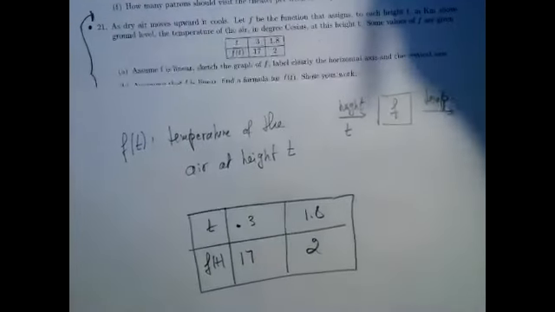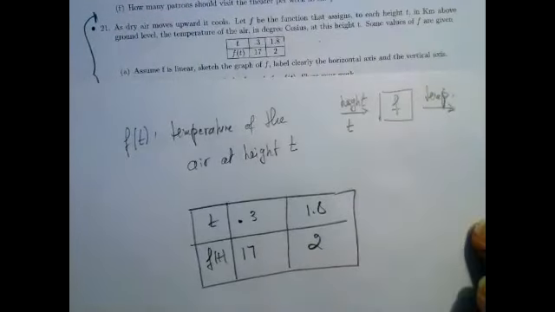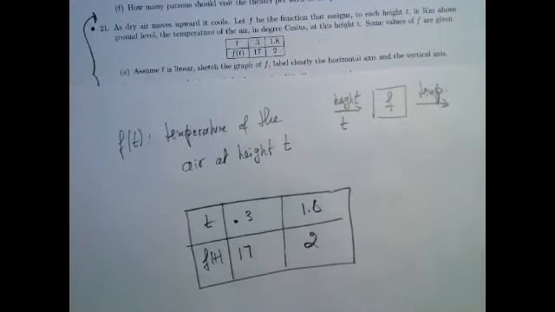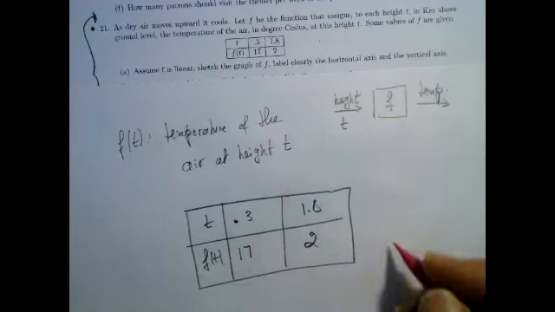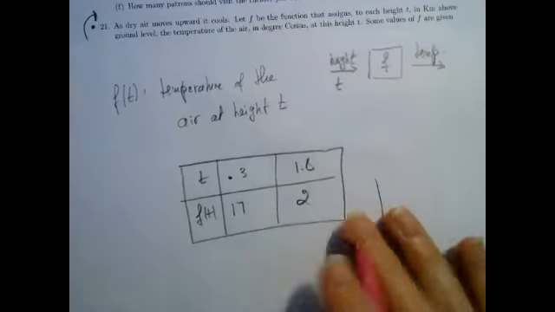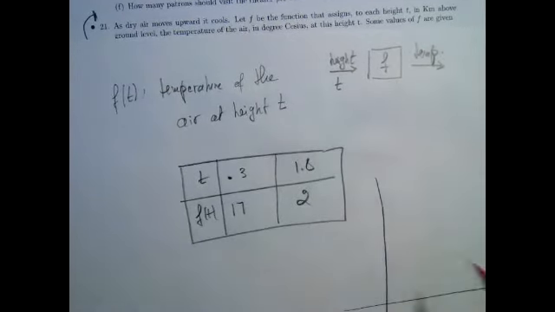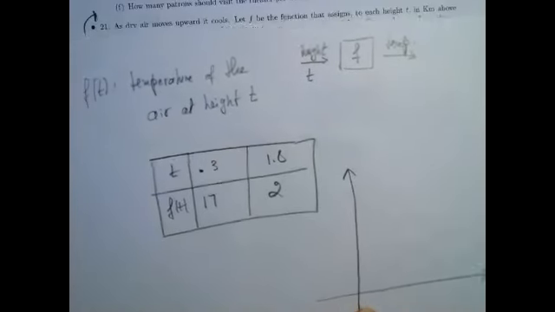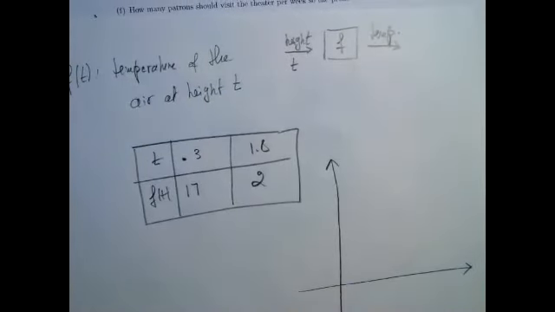Now, the question is, assume F is linear. Sketch the graph of F, label clearly the horizontal and the vertical axis. Okay, so F is linear, it means the graph is a line. Now, label the horizontal and the vertical axis.